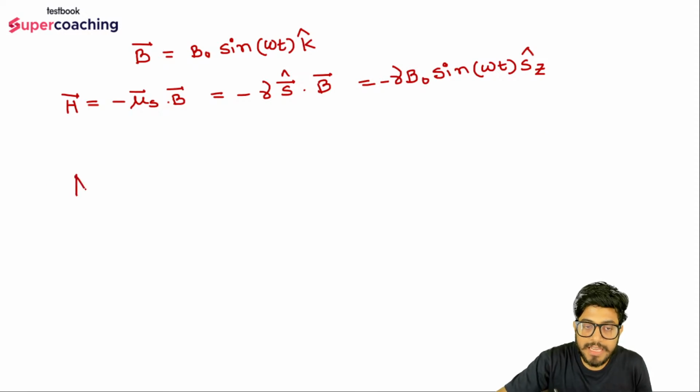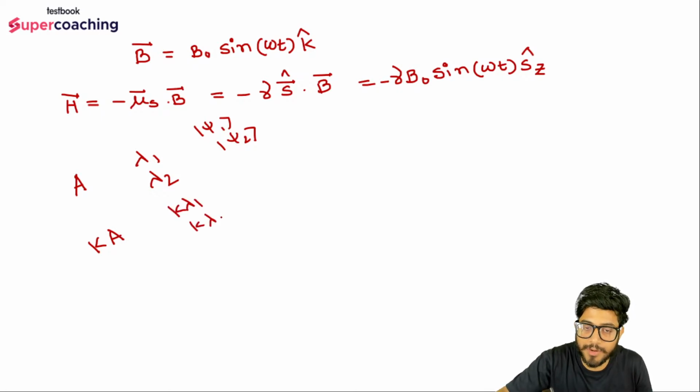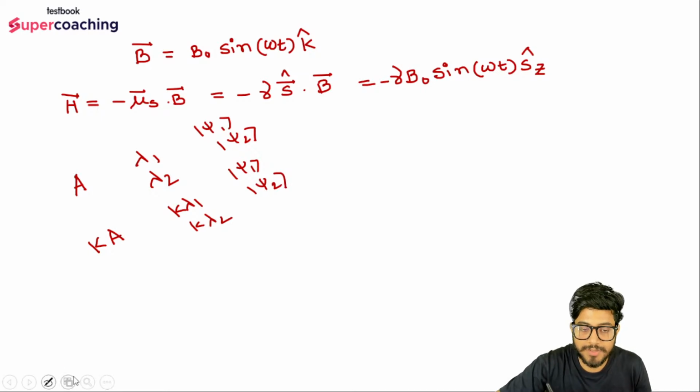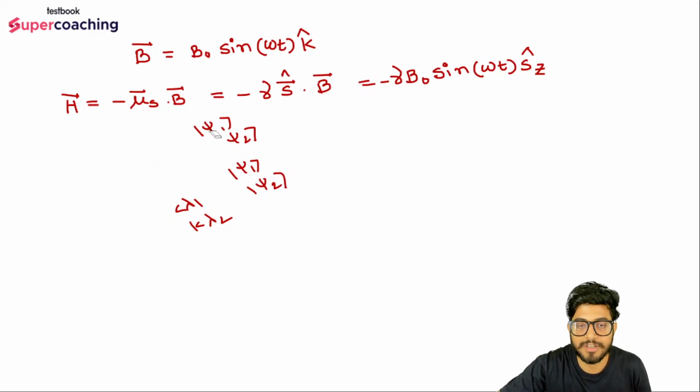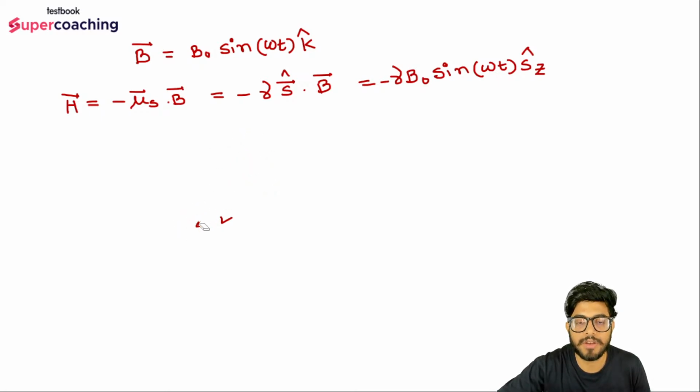I know that if A is a matrix having eigenvalues lambda 1 and lambda 2 with eigenvectors psi 1 and psi 2, and I have another matrix K into A, then for K into A the eigenvalues will be K lambda 1, K lambda 2, and eigenvectors will be the same as psi 1 and psi 2. So if this part is clear, then definitely you can answer this question: for the spin operator Sz, you know the eigenvalues and eigenvectors, so you can find out the eigenvalues and eigenvectors of the Hamiltonian operator.